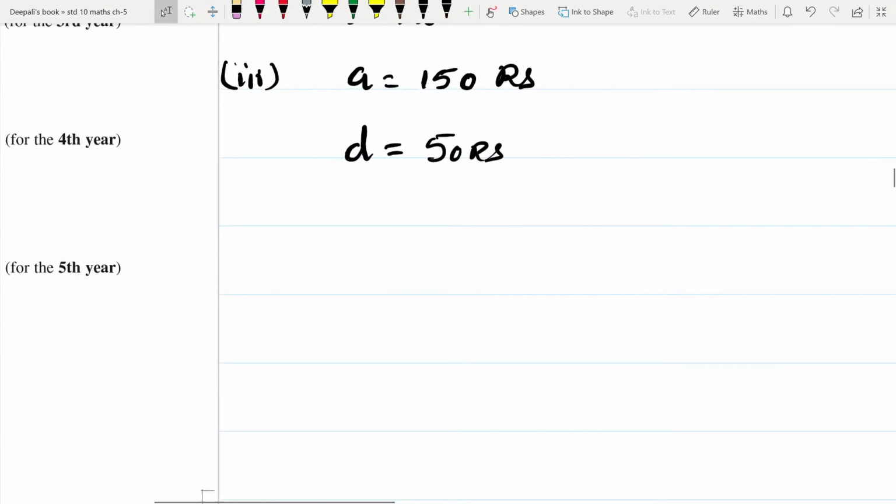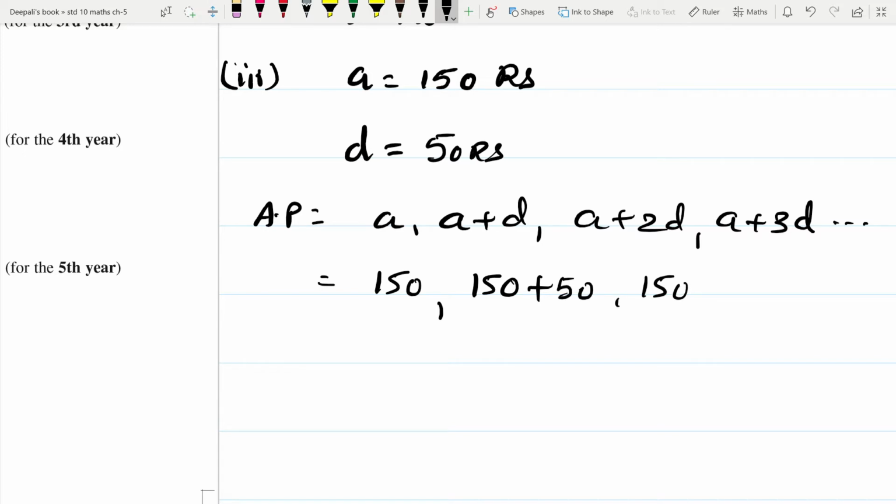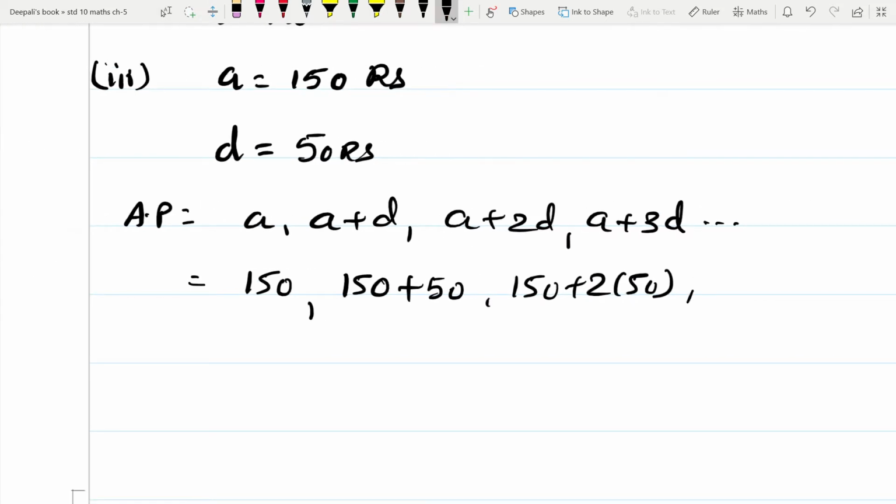Therefore, my AP will be A, A plus D, A plus 2D, A plus 3D, and so on. So I get 150, 150 plus 50, 150 plus 2 into 50, and 150 plus 3 into 50.